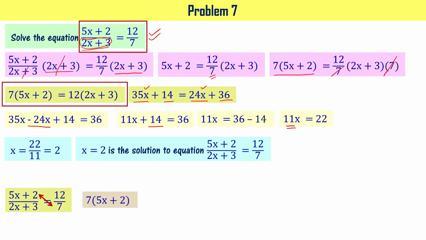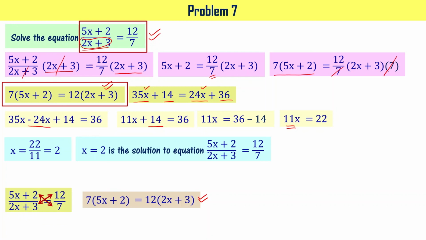And now multiply (2x plus 3) with 12 and equate them. This is exactly what we have gotten here, right? When I have done the inverse method, the equation we have got is exactly the same. You have obtained this equation by using the cross multiplication method, right? I hope you got the concept. We are multiplying the terms on both the sides in a cross multiplication way.